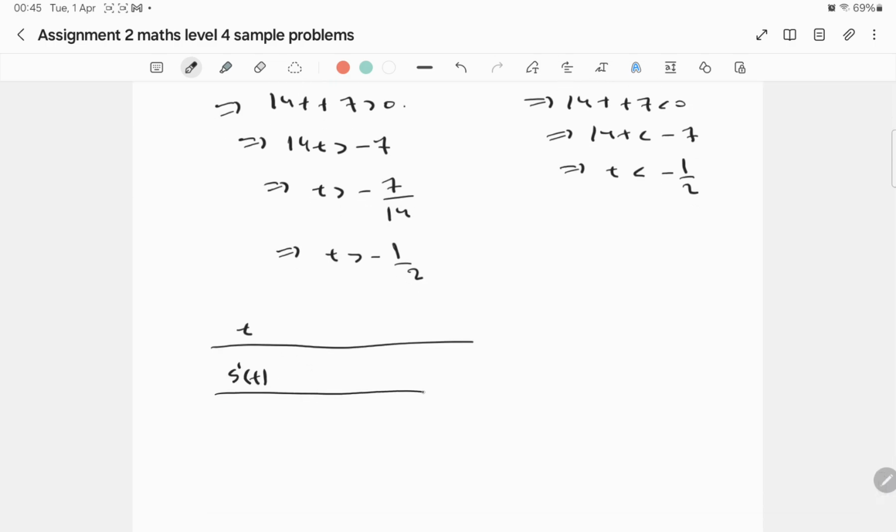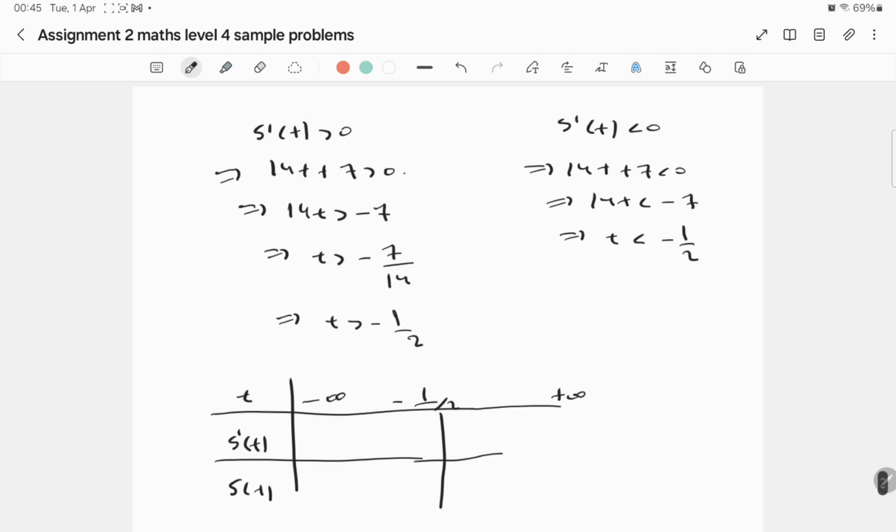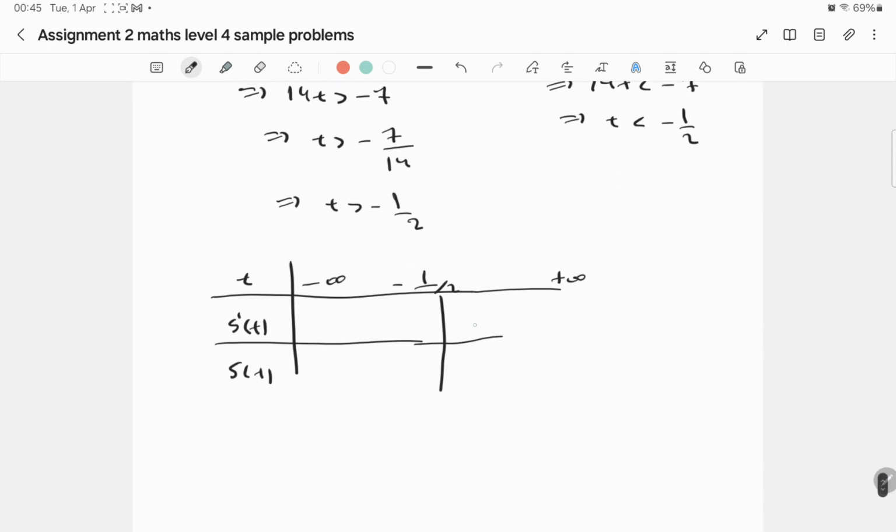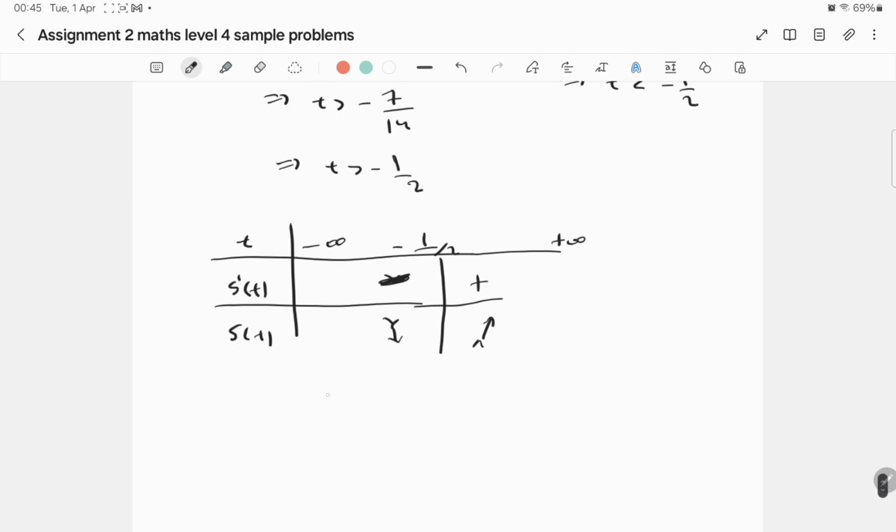s prime of t, s of t, and here is minus a half, minus infinity, plus infinity. s prime of t is bigger than 0 when t is bigger than minus a half, and here I have put a minus, so it's decreasing and increasing.